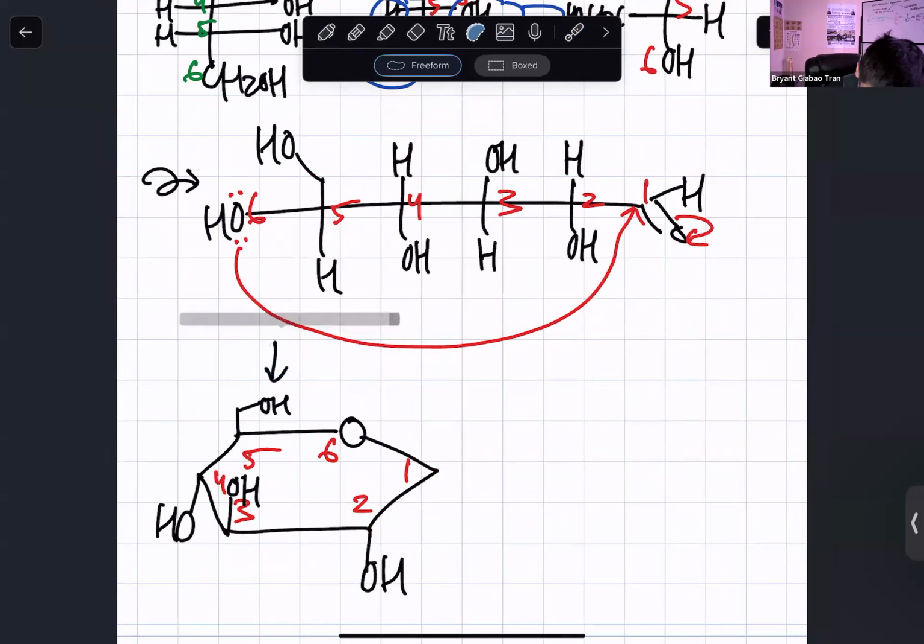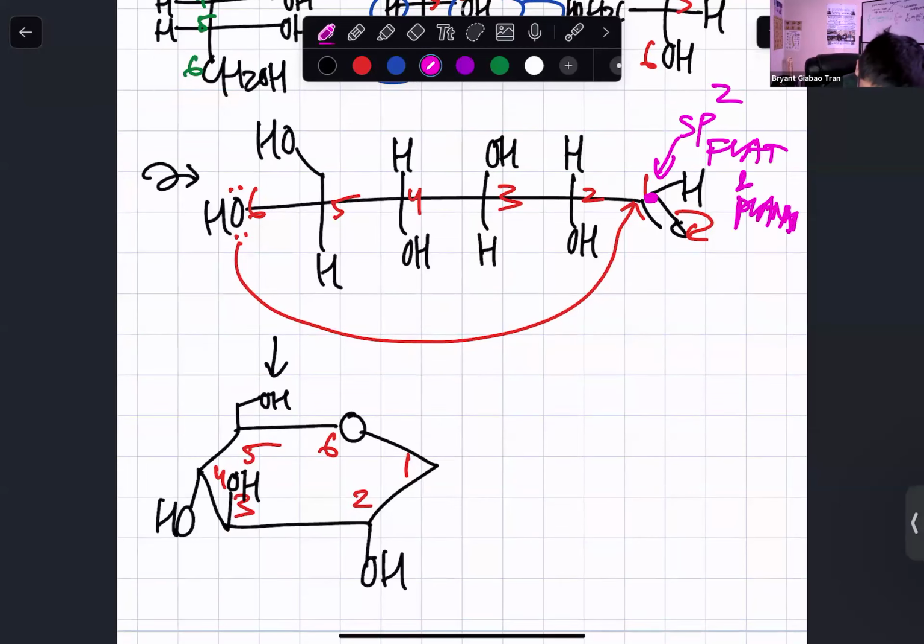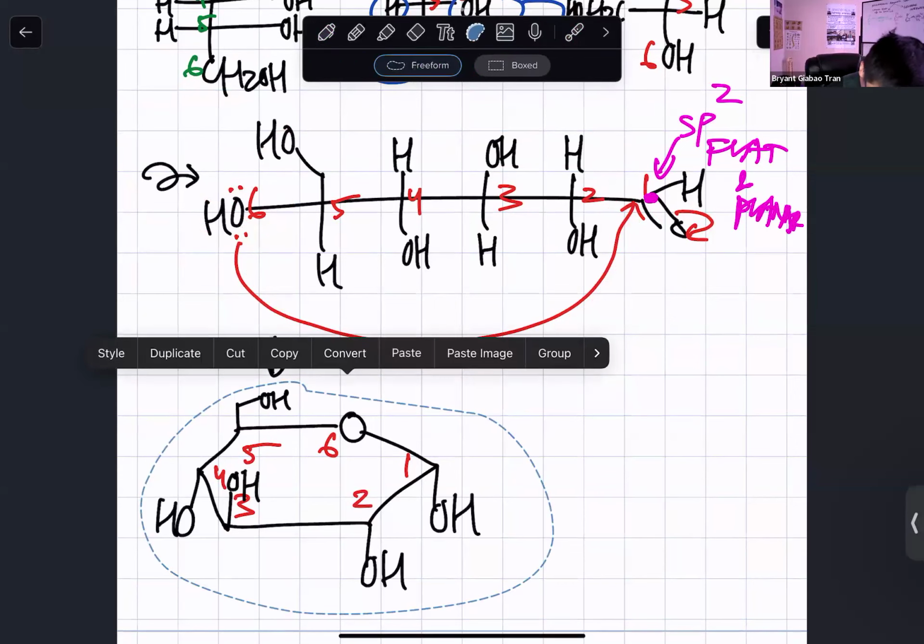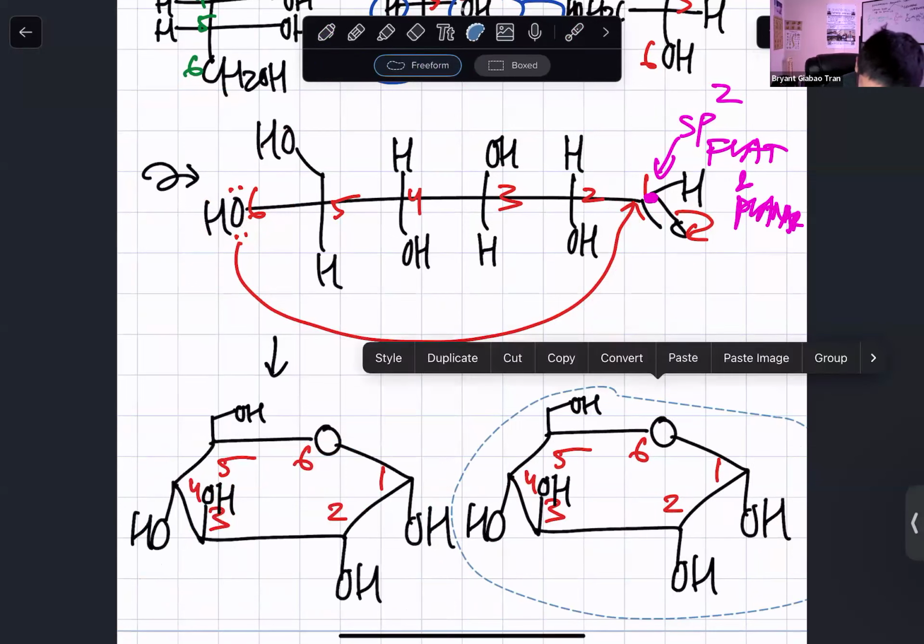Right. Now, carbon 1 right here, we see that the electrophilic carbon that got attacked is an sp2 carbon that is flat and planar. Right? So that means that this OH here could have attacked on the bottom side or the top side, giving us two different products. The OH could have been going down at that carbon, or it could have gone up at that carbon, right?